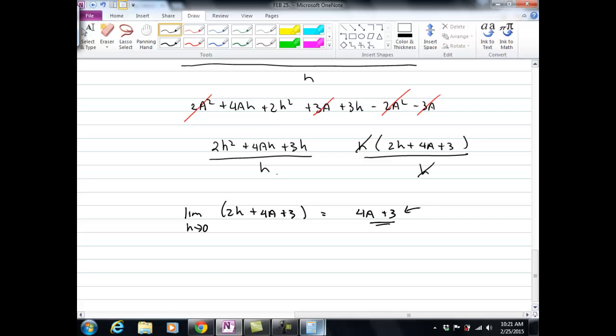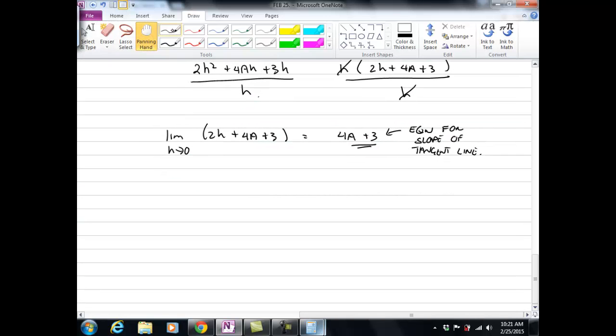This is the equation for the slope of the tangent line. So we're going to test this theory out and see if it works. I asked you for the slope of the tangent line at (1, 4).